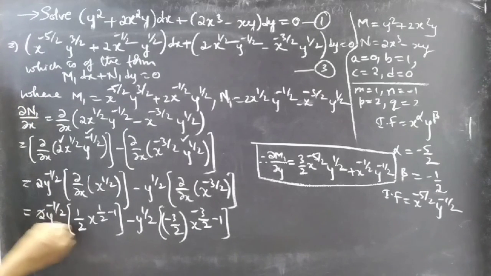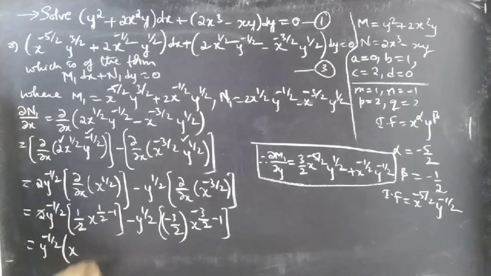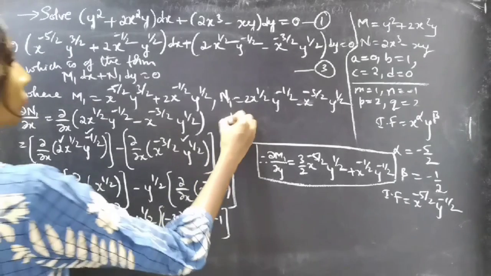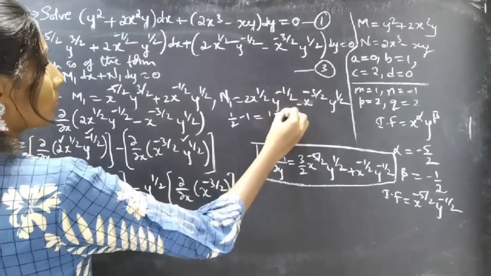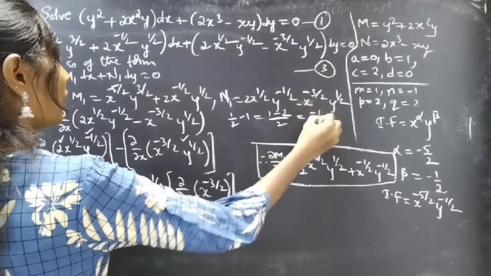Which gives us, here 2 gets cancelled, we'll get y power minus 1 by 2 into x power 1 by 2 minus 1 is minus 1 by 2, right?